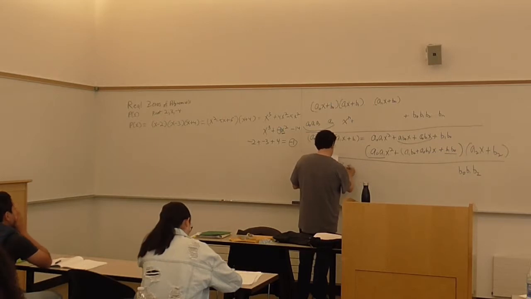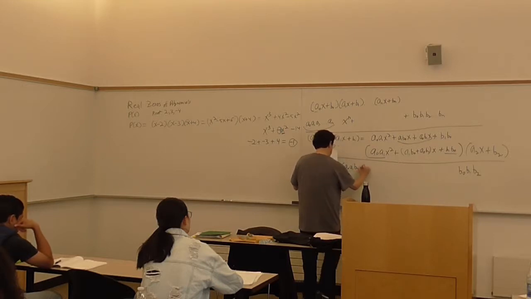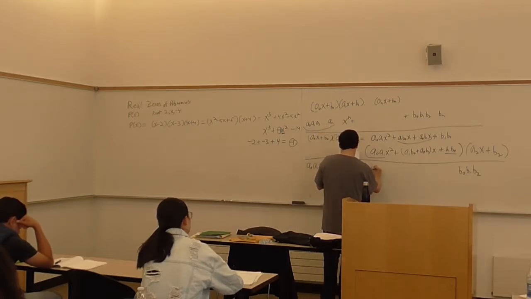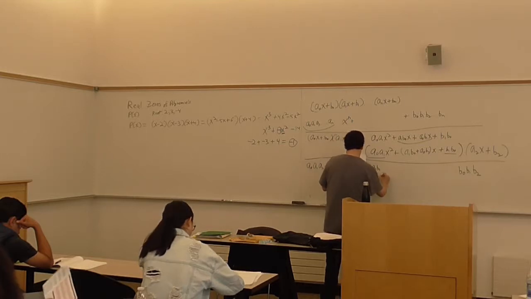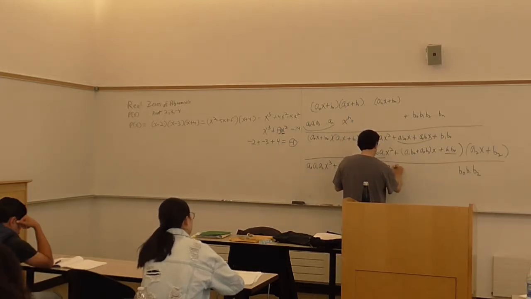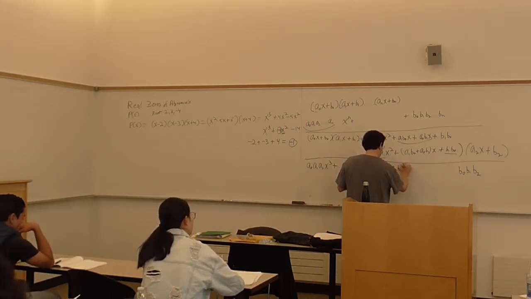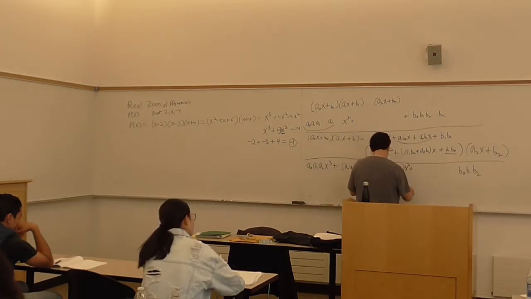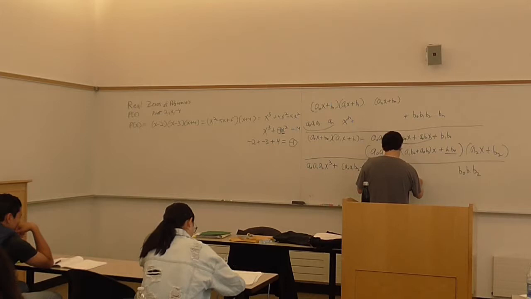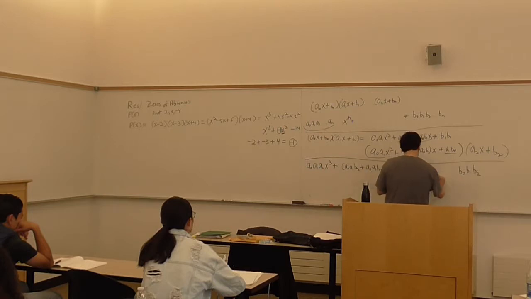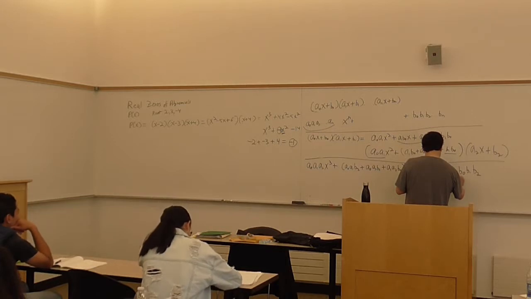The second coefficient, A0, A1, B2 plus A1, B0, A2, B1, plus A1, A2, B0 times x squared, plus, and I'm going to make sure this fits in, A0, B1, B2, plus A1, B0, B2, plus A2, B0, B1 times x.